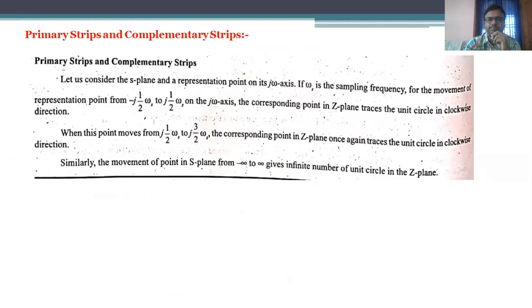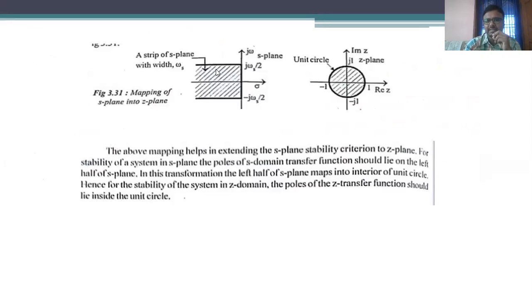In order to differentiate the primary strips and the complementary strips, we have to consider an S plane and the representation of points on the y axis, that is the j omega axis. Here, this is the j omega axis of the S plane.